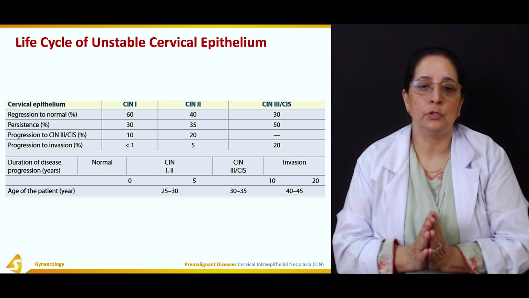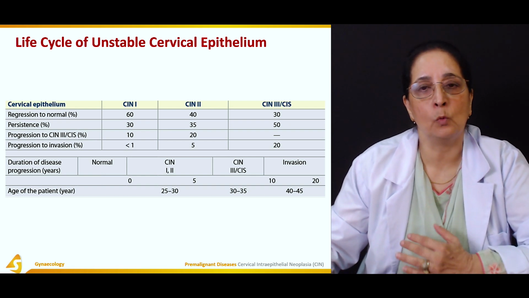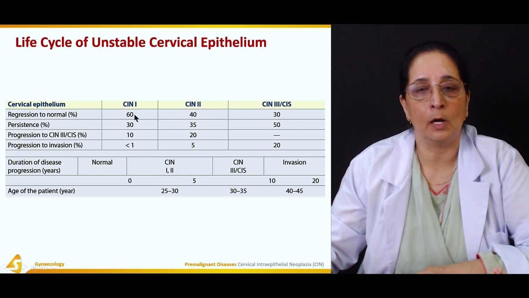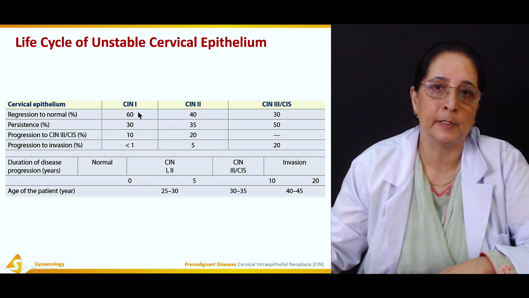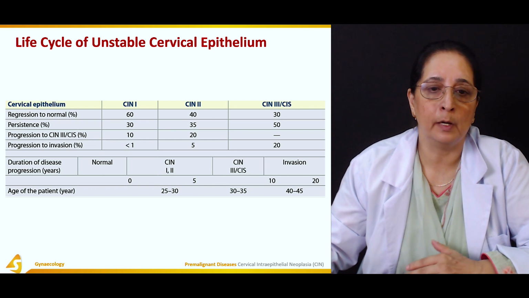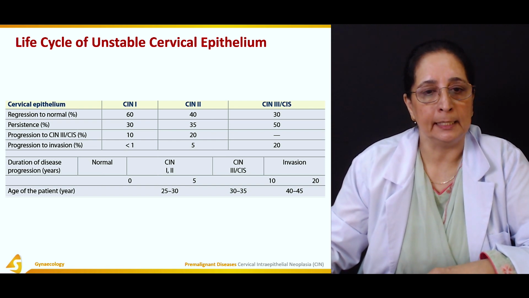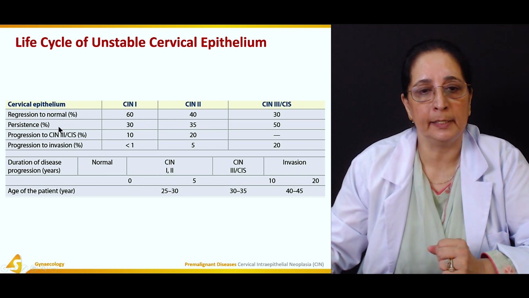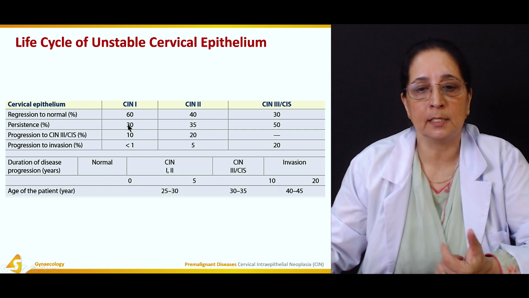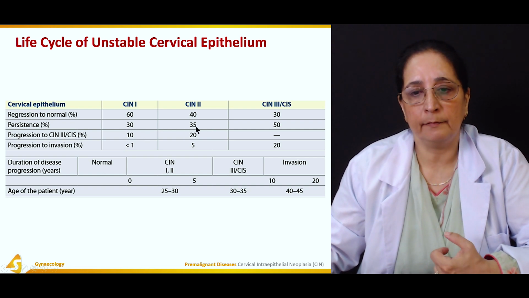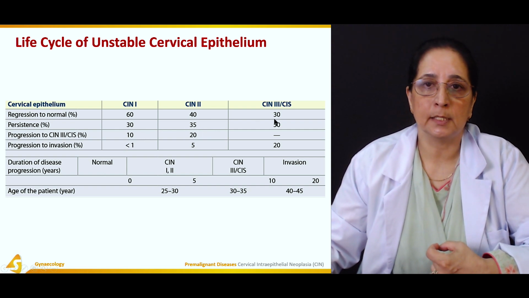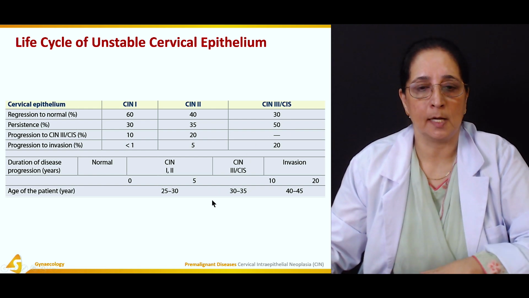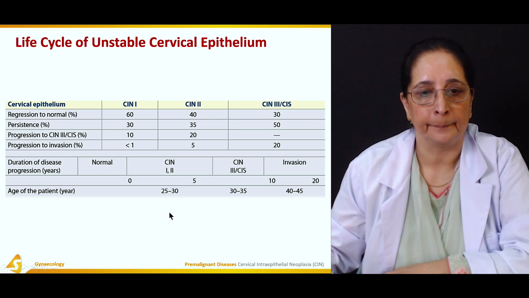So regression to normal depends on the stage; in type 1 it's very high, about 60%. Persistence of unstable cervical epithelium is 30% in type 1, 35% in type 2, and 50% in type 3.